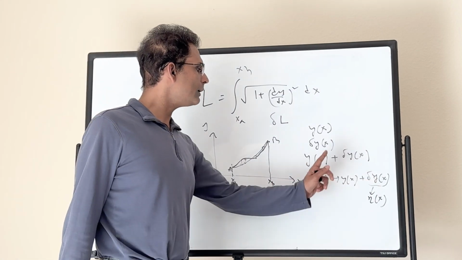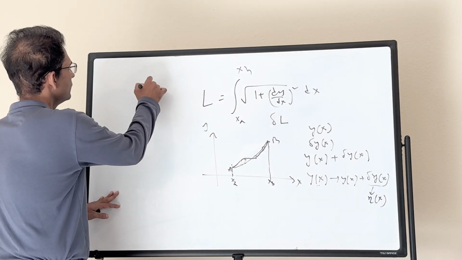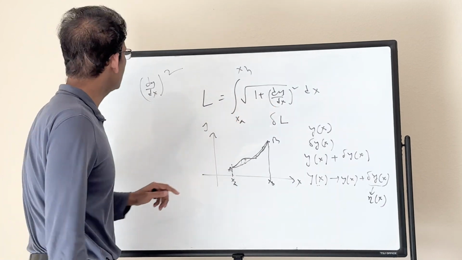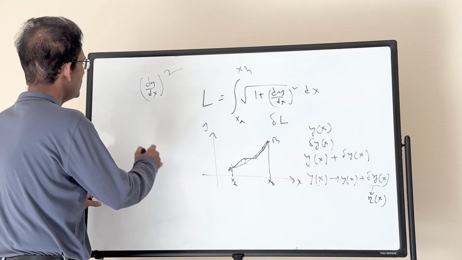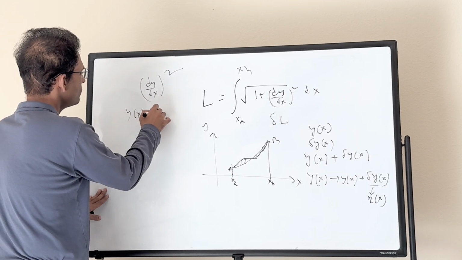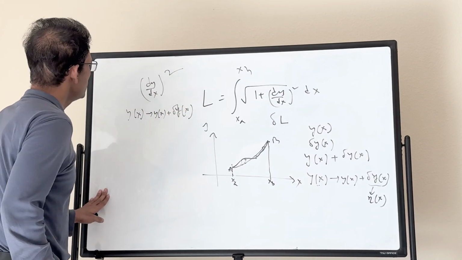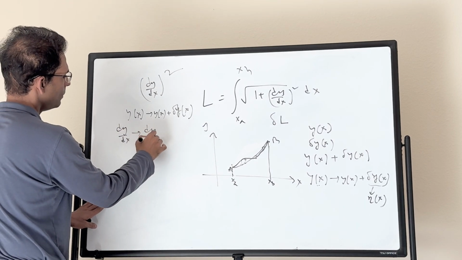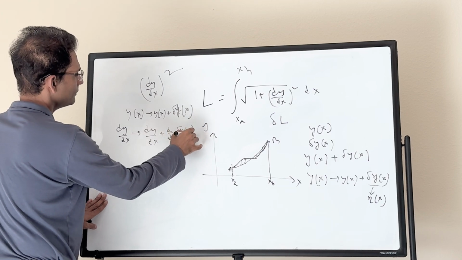So when y(x) goes to y(x) plus delta y(x), what happens to (dy/dx) squared, which is a term inside that? Let's see how much this one changes. Our y(x) goes to y(x) plus delta y(x). So dy/dx is going to dy/dx plus d/dx of delta y(x).